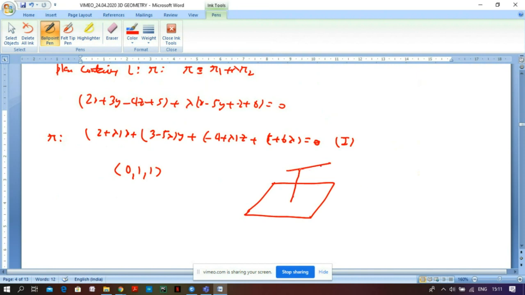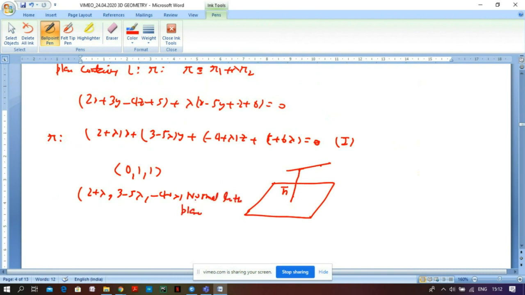Or say that the normal to the plane, n, will be perpendicular to this line. So the normal direction of the plane is 2 plus lambda, 3 minus 5 lambda, minus 4 plus lambda. This is normal to the plane.